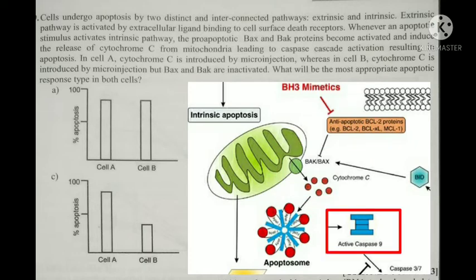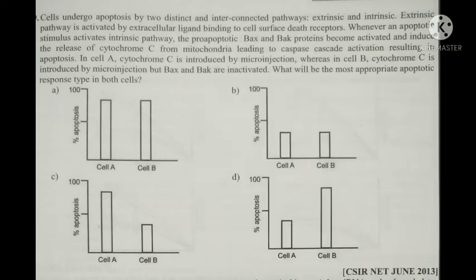So if cytochrome C is already introduced in the cytoplasm, then there is no need for Bax and Bak to form the channel, because they were doing the same thing that we have already done.